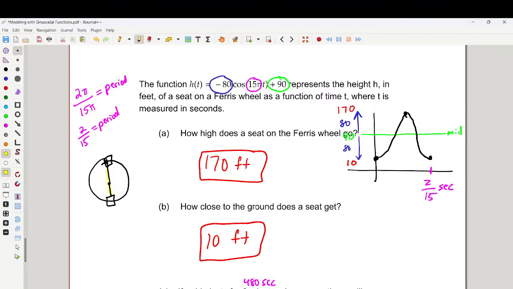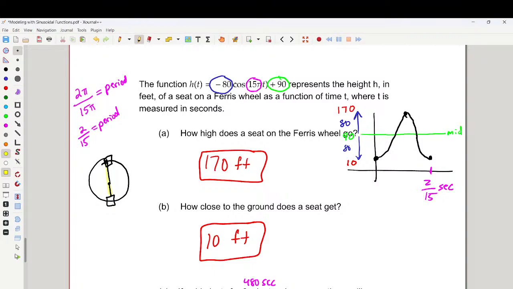So, given what we know, particularly parts A and B, what's that distance? What's the diameter? 160. I heard 90, I heard 160. Do you want to defend your 90? It's a midline. Do you want to defend 160?